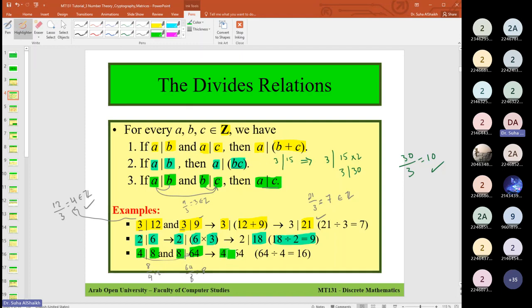We can say 4 divides 64 because if we divide 64 by 4 it equals 16, which is an integer, which means it is dividing it. Okay? Is it clear? Any question here?